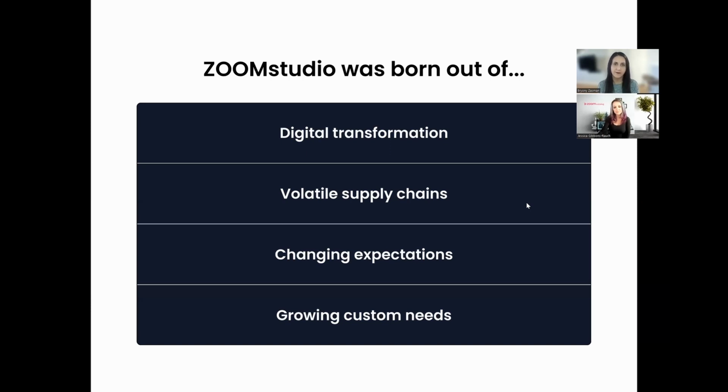But one common thread that we faced every year was distributors and suppliers asking, can I edit the products? Can I mark up the pricing? Can I choose a different color? We wanted to make that possible with ZOOMstudio. So with ZOOMstudio, you can create content that meets different customers' needs quickly and easily. Distributors need different things. They have different projects, they have different branding, and with ZOOMstudio, it's all possible and you can create content at scale.